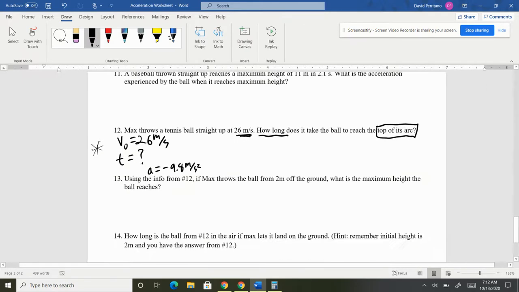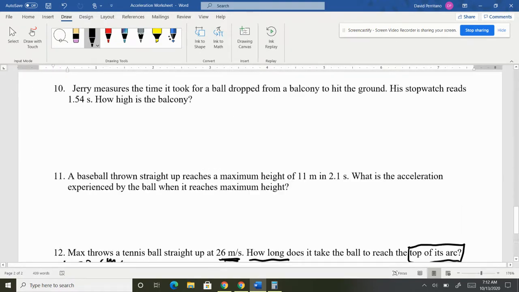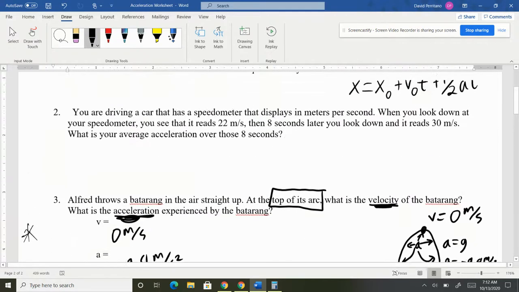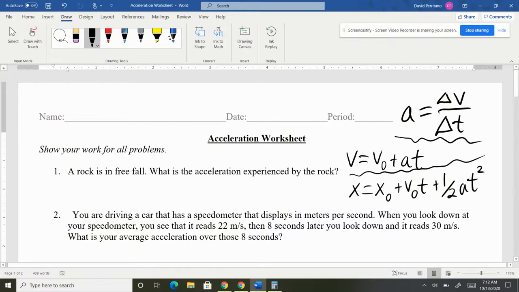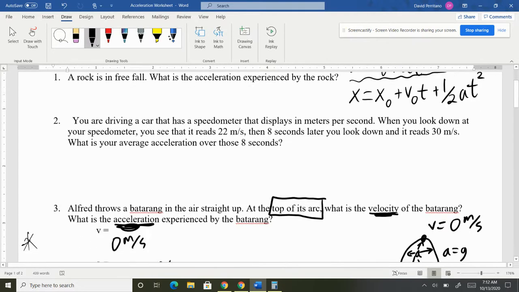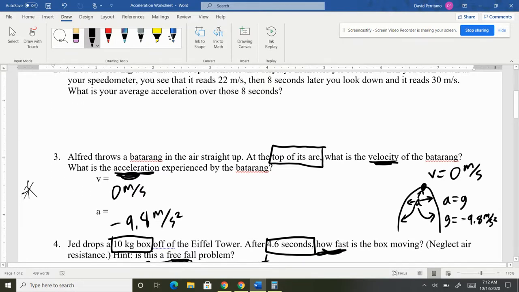So the equation that would make the most sense to us is the second one. We have V0, we have A, we're looking for t. If we could have the final velocity or the velocity at the top of the arc, we could use this equation. Well, we do. In this problem, we talked about how important it is to remember that the velocity at the top of an arc is 0.